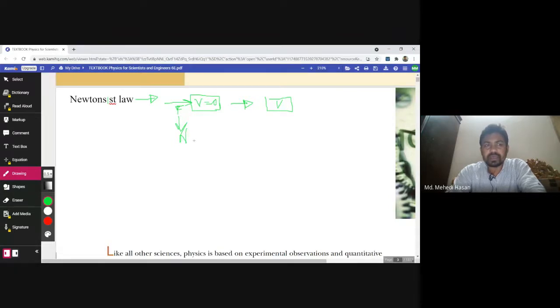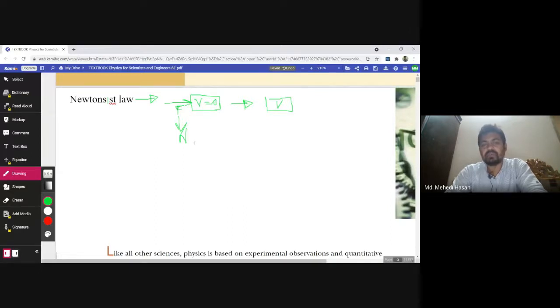Then another thing is that there is opposition to the force. If we try to apply a force, instantly the object will not move. There is an opposition to the force. This is basically called inertia.